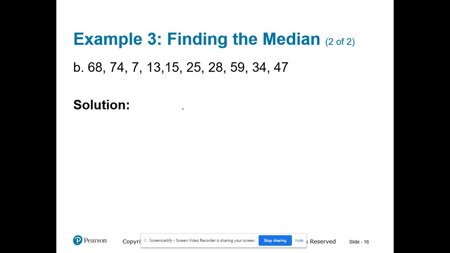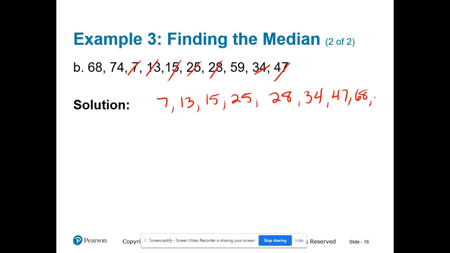All right, same thing. We're going to put the numbers in order, and then find the middle number. So we've got 7, it looks like 13 and 15, 25 and 28, and then 34 and 47, and then 68 and 74.